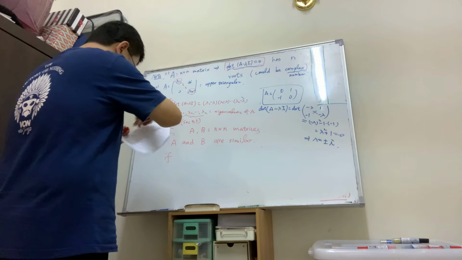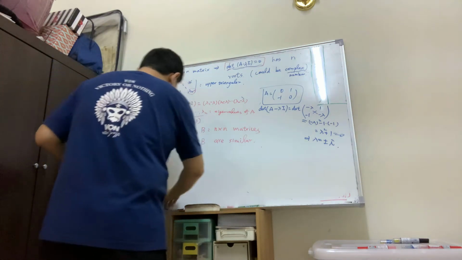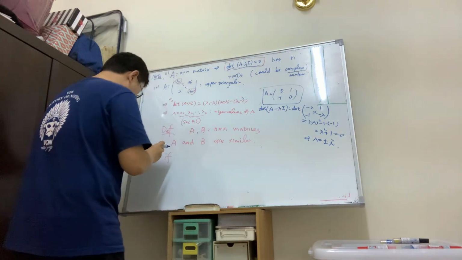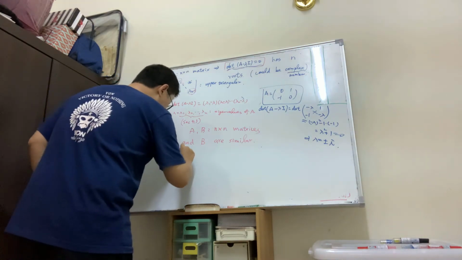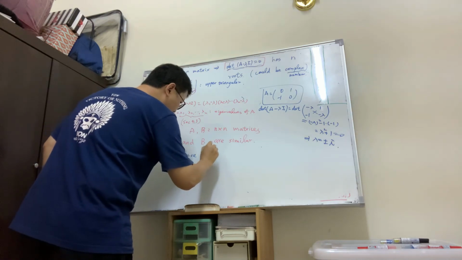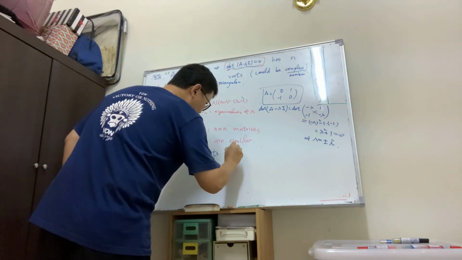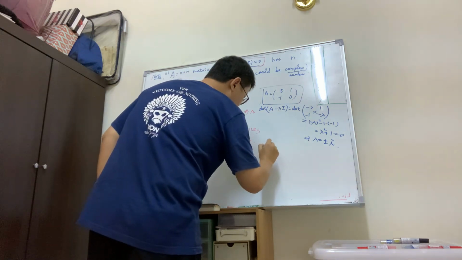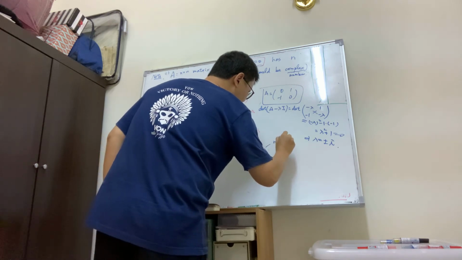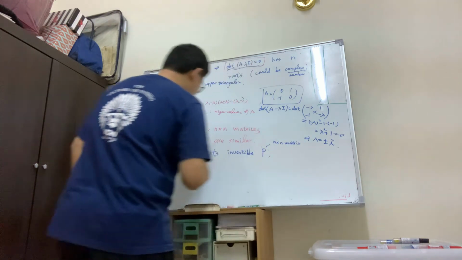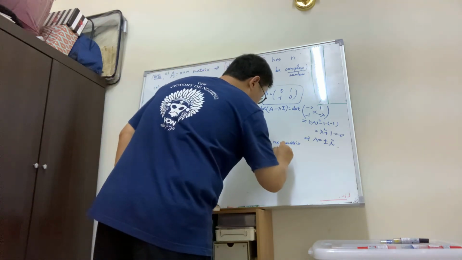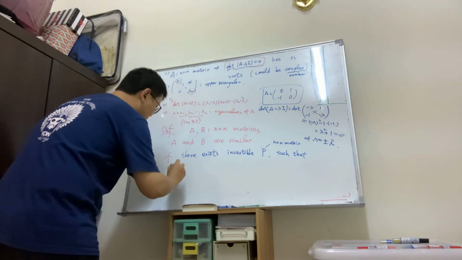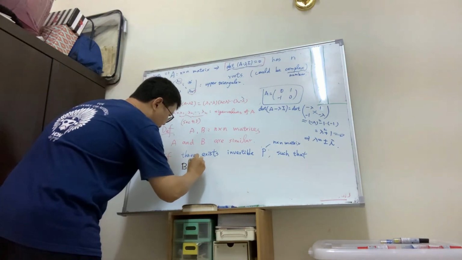It means that there exists some invertible matrix P, also an n by n matrix, such that B equals P inverse AP.